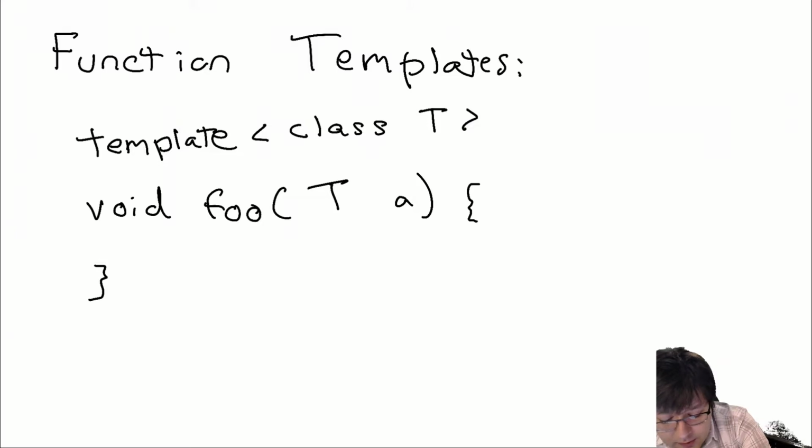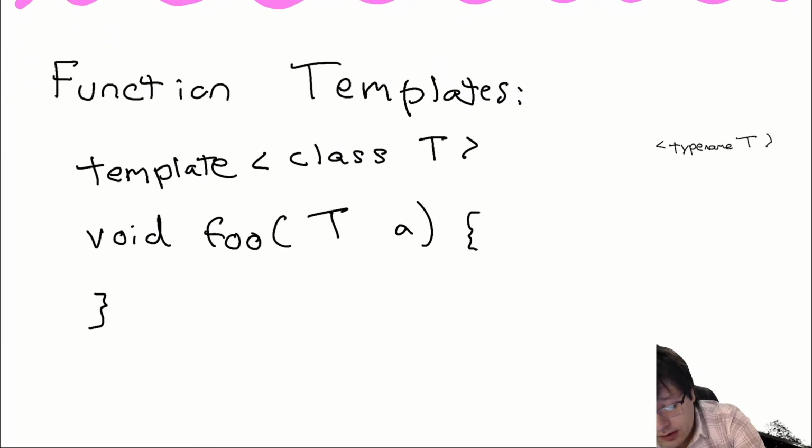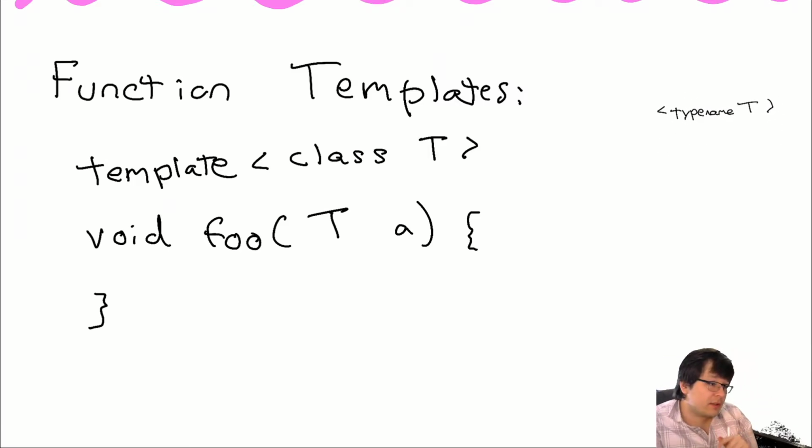Instead of putting class T, you can put the word typename and then T. So that's the alternative. There is a slight difference, but for our purposes, you can assume them to be the same. But I would recommend you use class T.